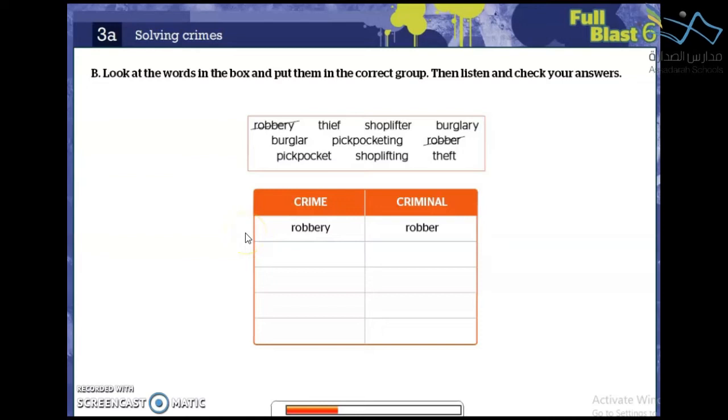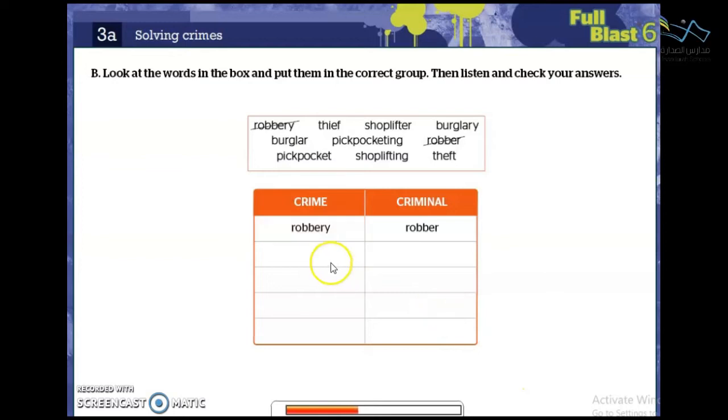The verb of these 2 words is to rob a bank, and the action of robbing a bank is described as robbery, while the person who did that is a robber. Criminal.